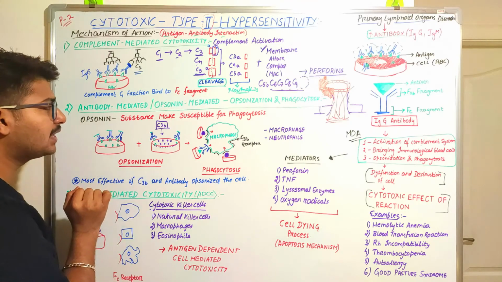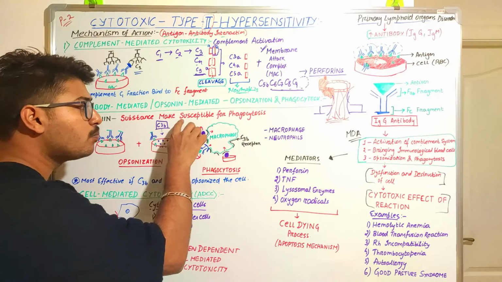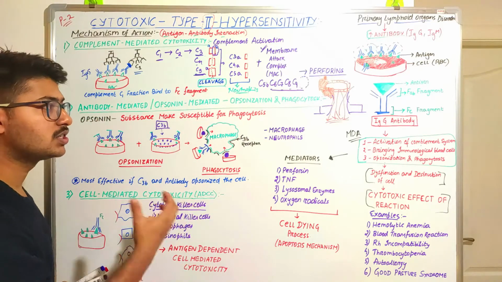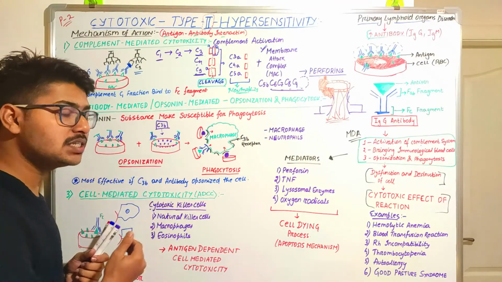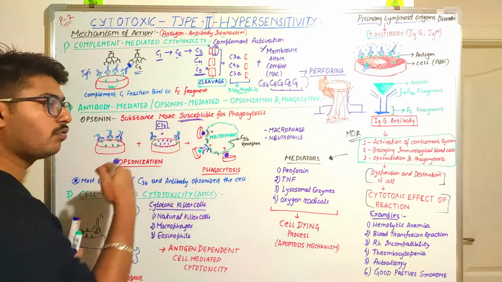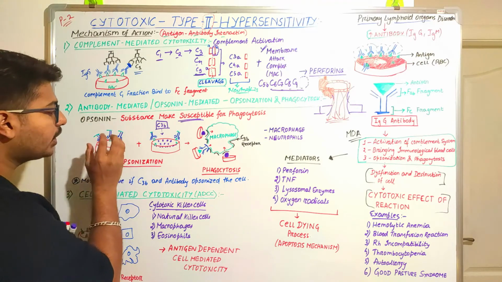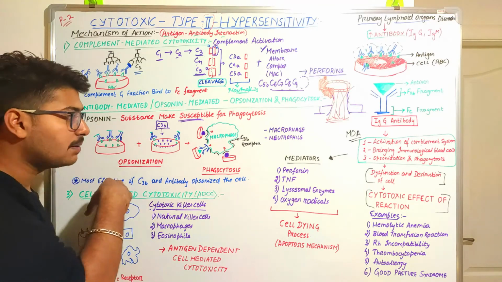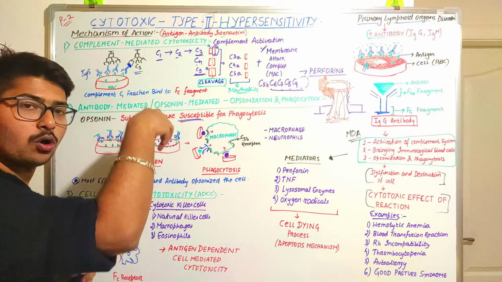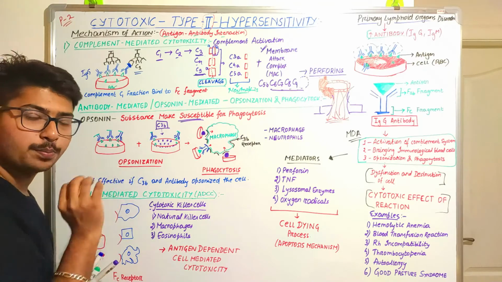What do you mean by this opsonin? Opsonin is a substance that makes the cell more susceptible to phagocytosis. It will try to increase the process of phagocytosis as it is more susceptible for the process. So as the antigen antibody complex is present over the surface of the cell membrane and the C3b is also adding on the surface of the cell membrane, this process is known as opsonization.